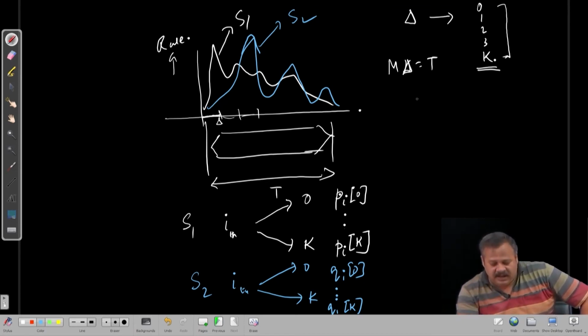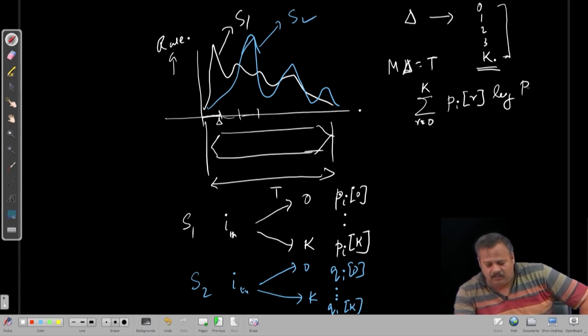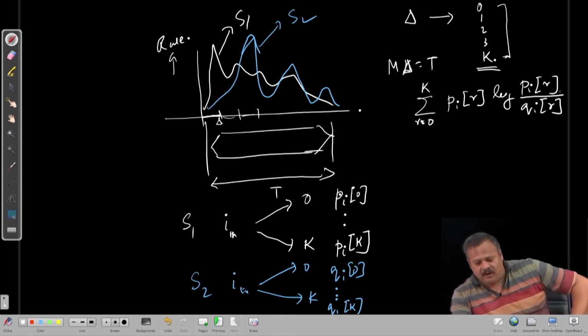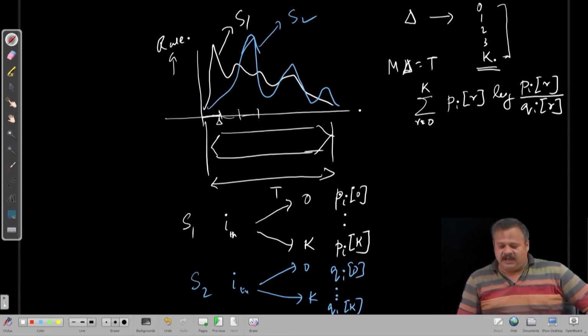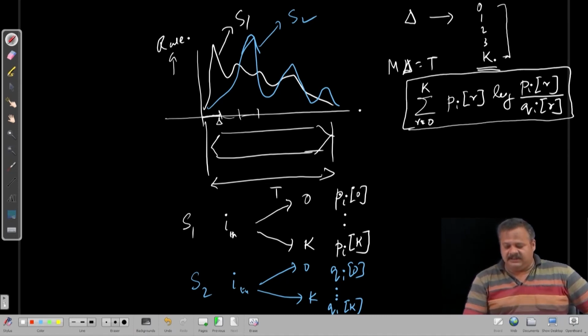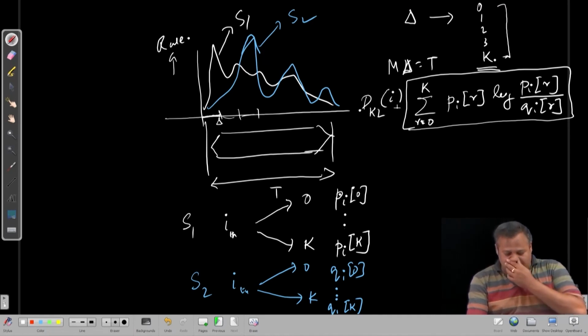Now, in the ith bin the KL distance is going to be, our response is 0 to capital K, and this is pi of response times log of pi of response over qi of response, and we will sum over the values of response going from 0 to K. This is going to be the KL distance in the ith bin, dKL for the ith bin.